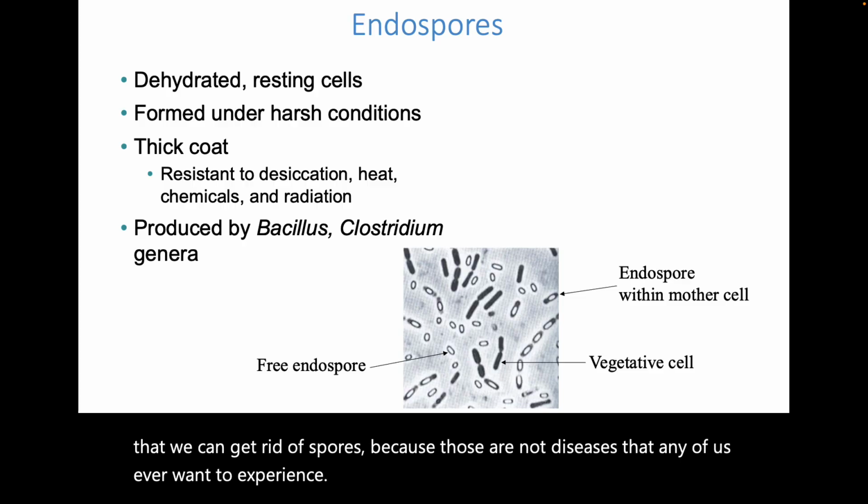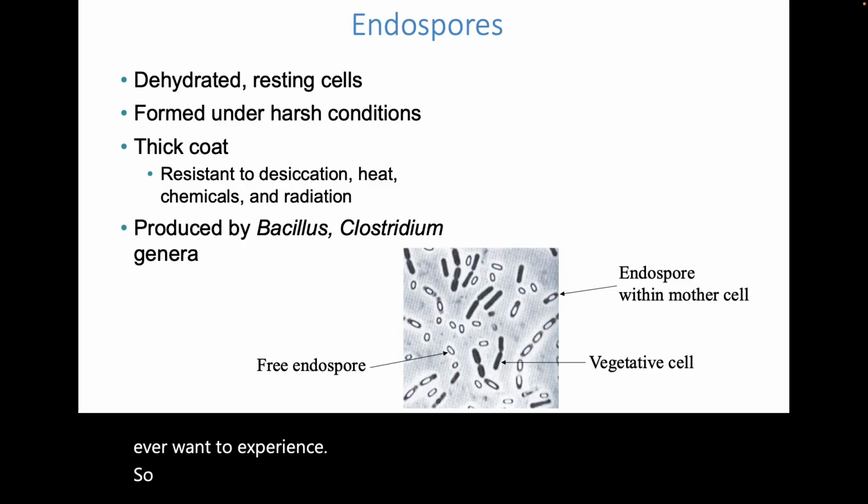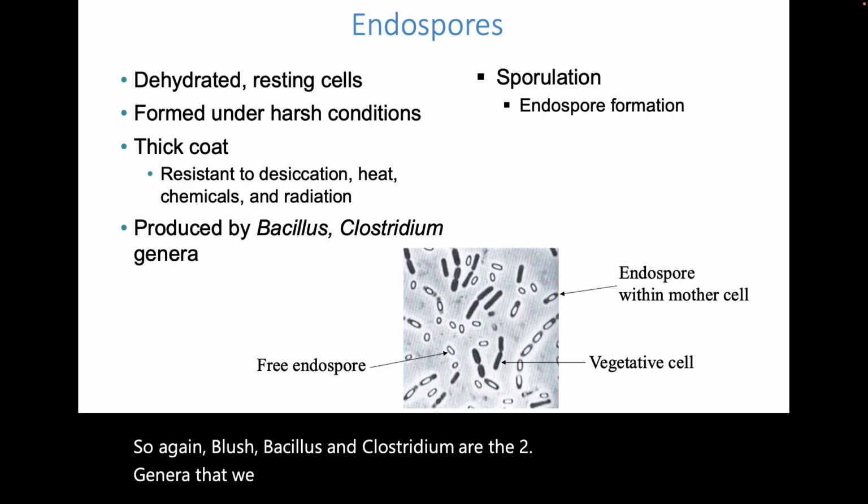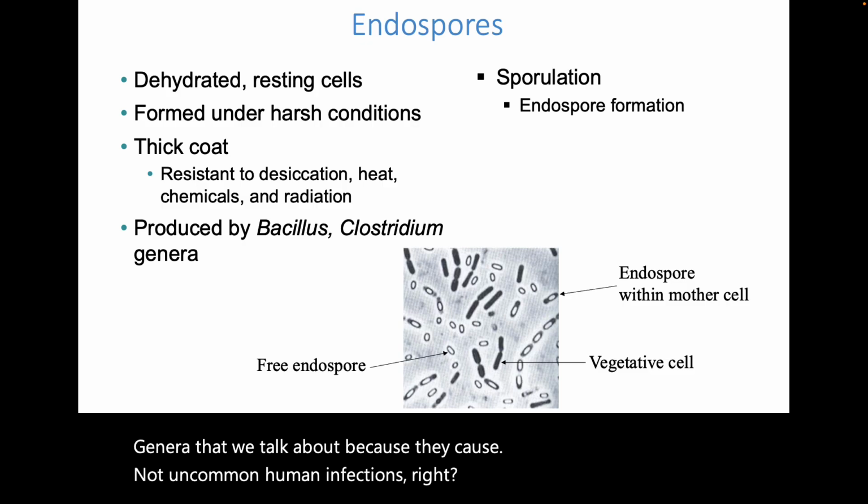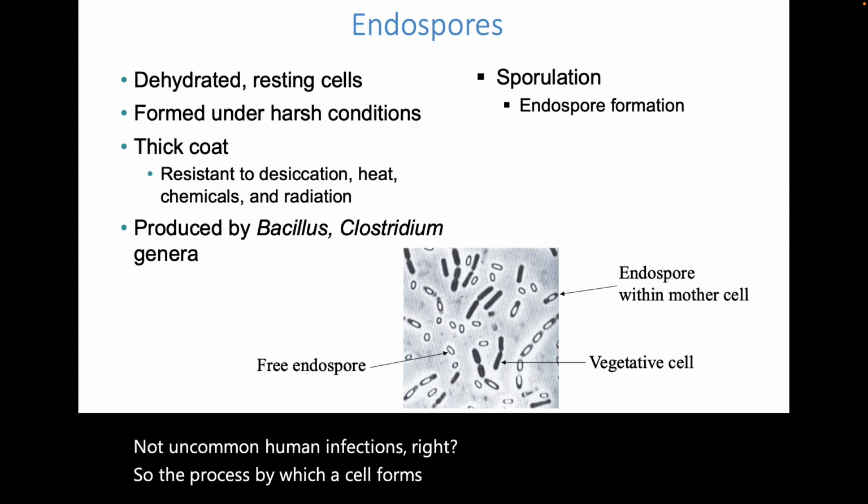So, again, Bacillus and Clostridium are the two genera that we talk about because they cause not uncommon human infections, right? So the process by which a cell forms an endospore is called sporulation.